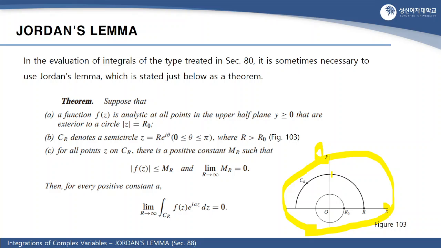We've also got a smaller circle with a radius R naught that's centered at the origin, and we've got a larger semicircle with radius R that's also centered at the origin. Here capital R is greater than capital R naught.